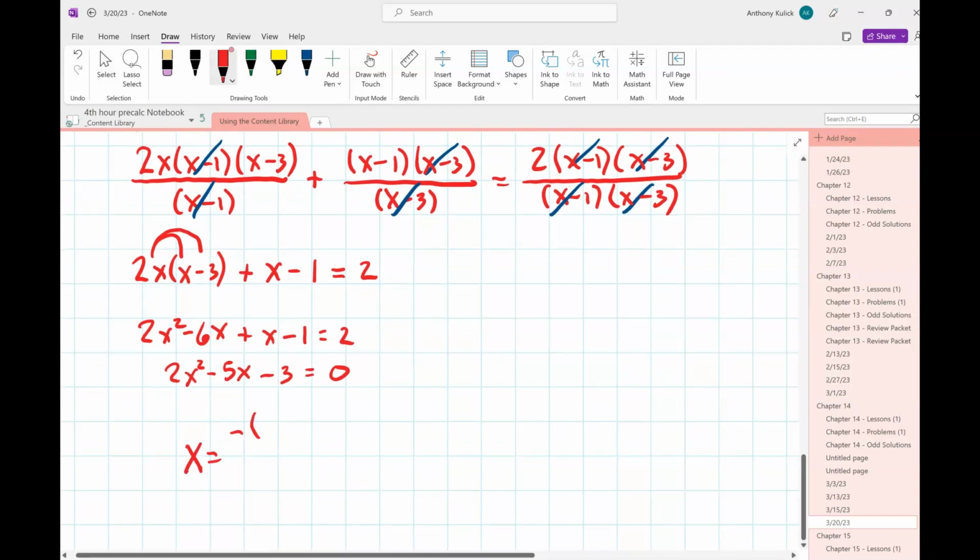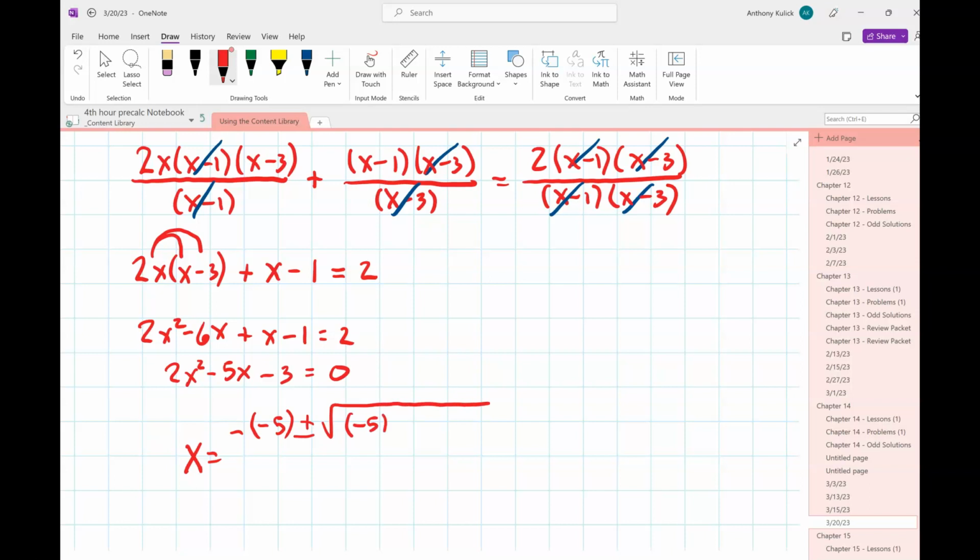So the quadratic formula, negative b plus or minus square root b squared minus 4ac all over 2 times a.